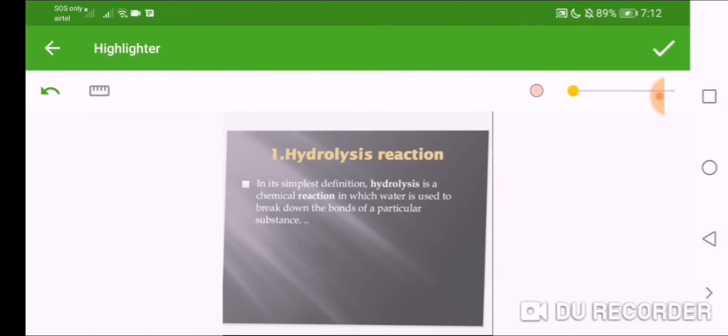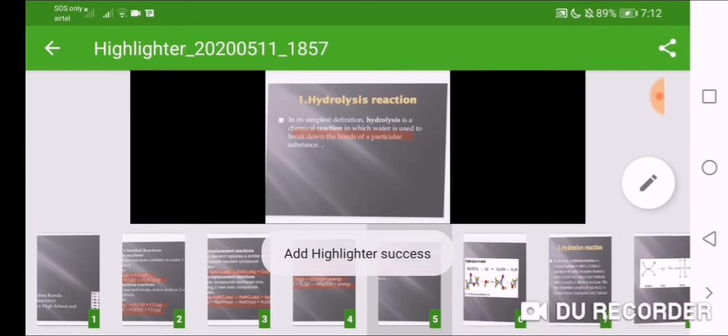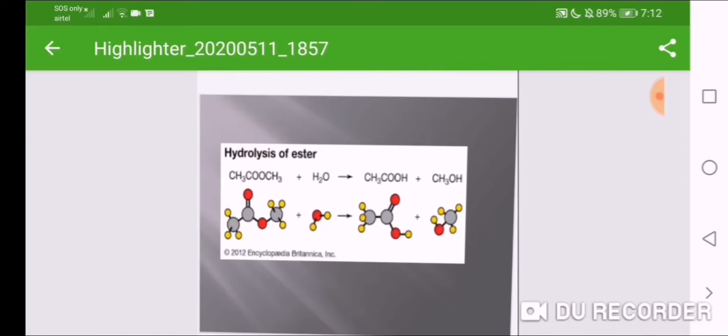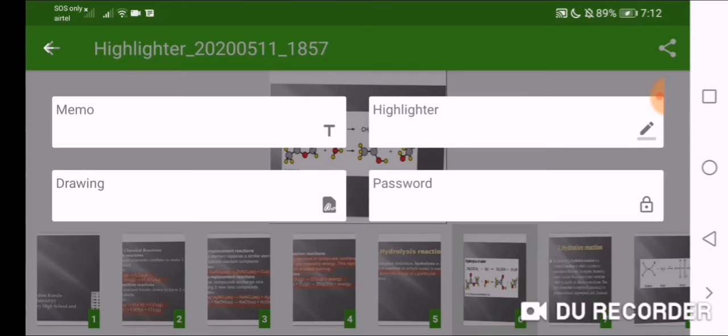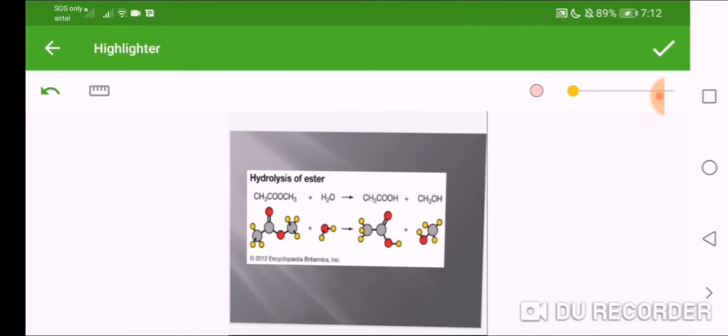Next slide is the hydrolysis reaction. In a hydrolysis reaction, water is used to break down a bond of a particular compound. The example is given.